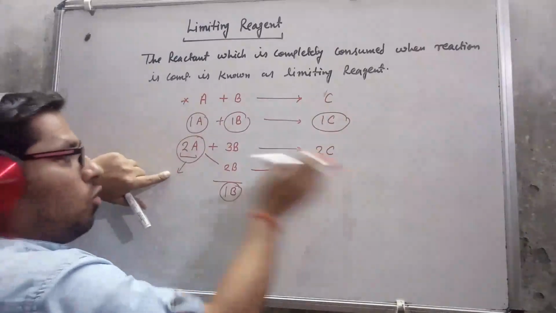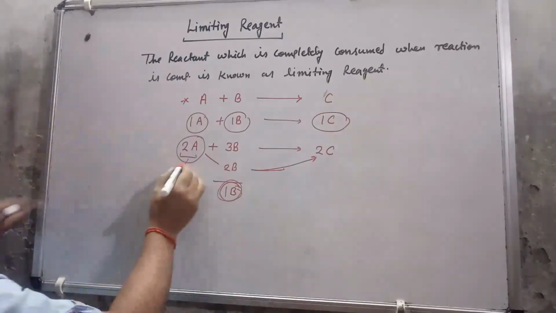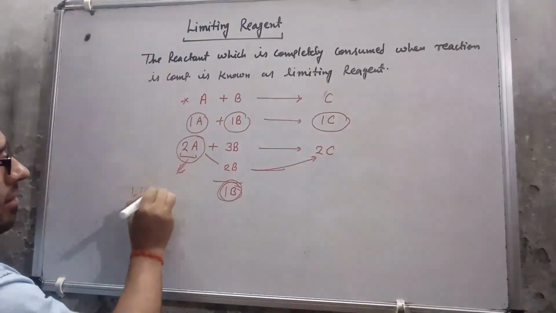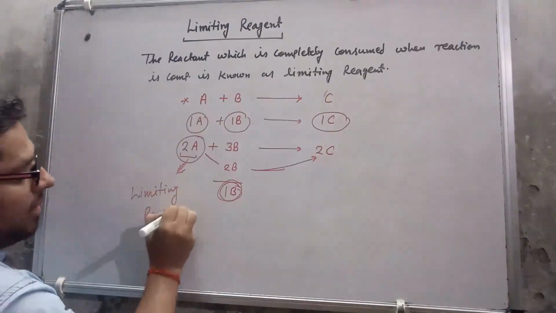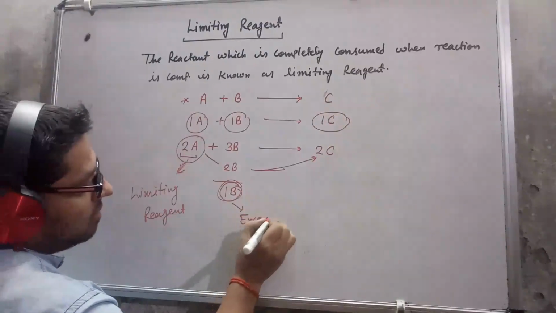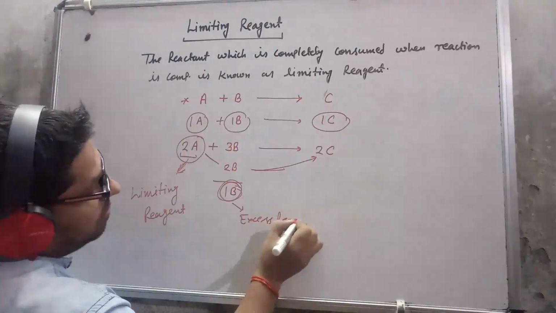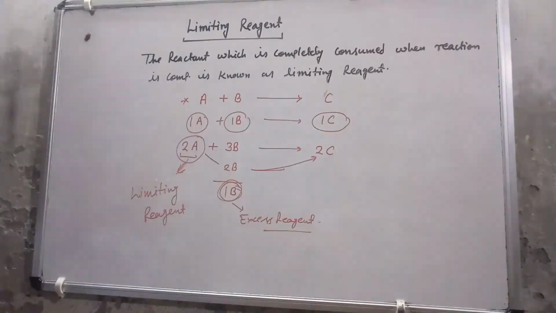As C is formed, A is totally consumed but B is left. So A is the limiting reagent, and the one that is left is the excess reagent.